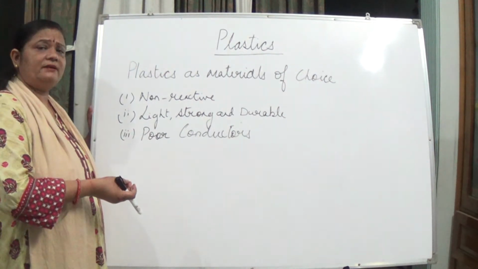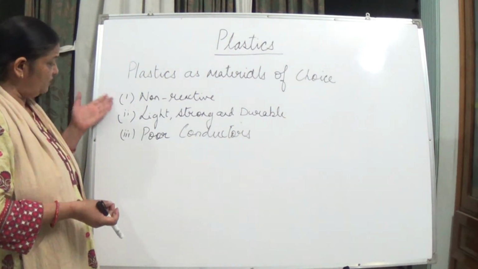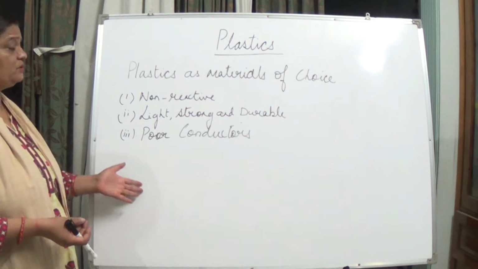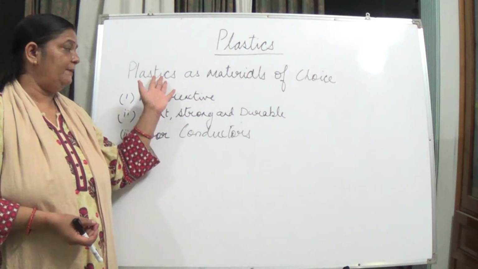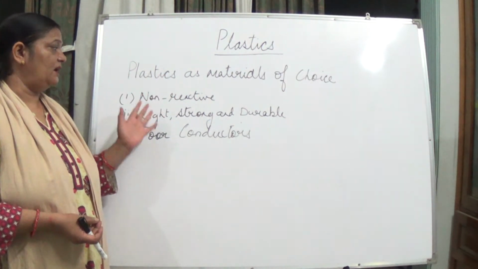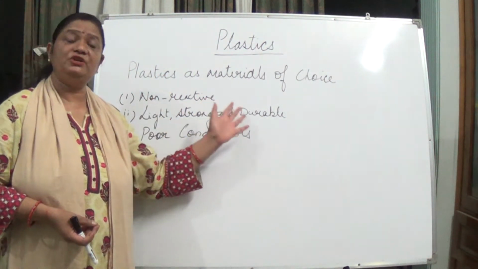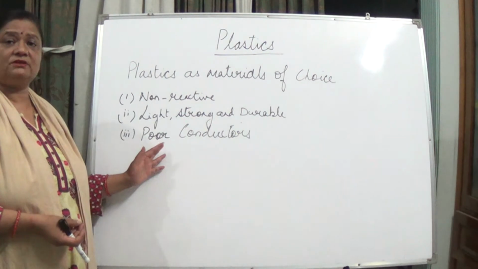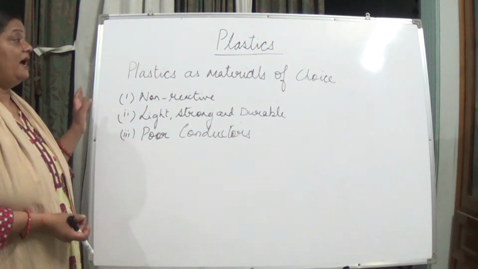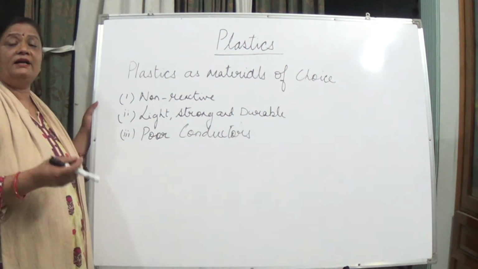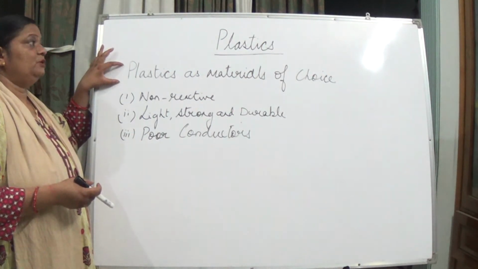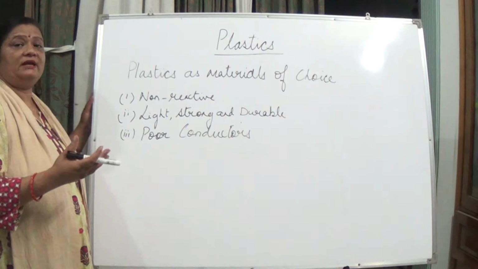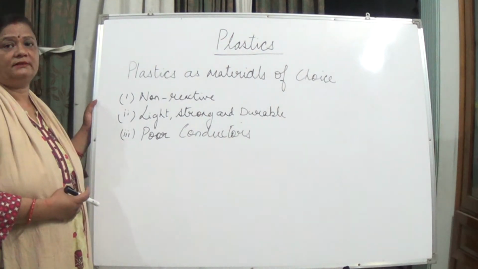With these points, we can also add that plastic goods are cheap. So they are non-reactive, light, strong, durable, poor conductors of electricity and heat, and very cheap. This makes us think that we can make things from plastics.